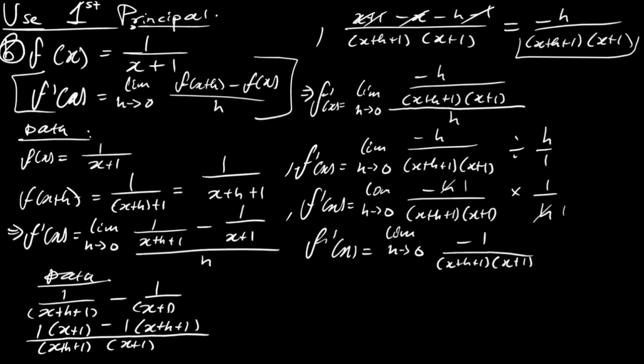Now at this point, you can plug in for h, and we say f prime of x. Remember, if you start plugging in, this h disappears. So we have minus 1 over x plus 0 plus 1, then x plus 1.